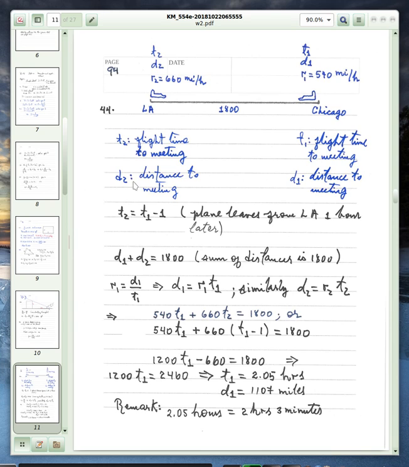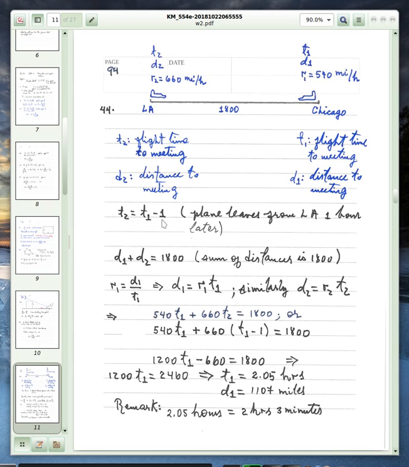And d sub 2 and d sub 1 are the distances respectively for each plane up to the point where they meet. Now what else do we know? We know that this plane leaves 1 hour later. That means the second plane is going to be on the air to the point of meeting 1 hour less. That's why I write t sub 2 equals t sub 1 minus 1.